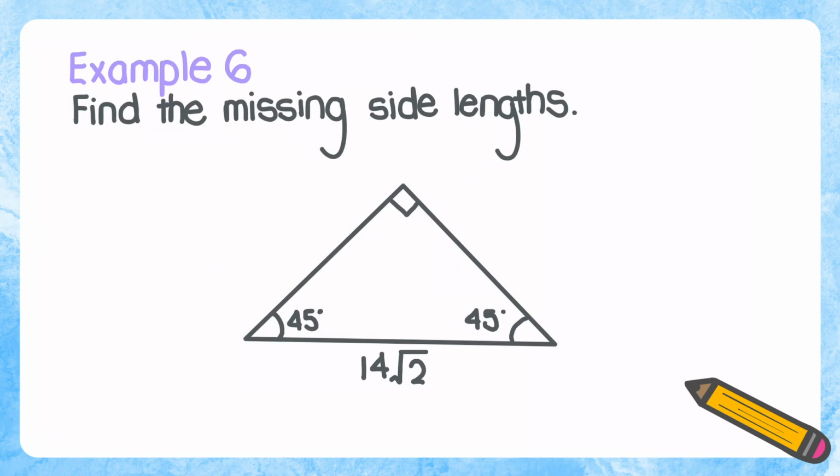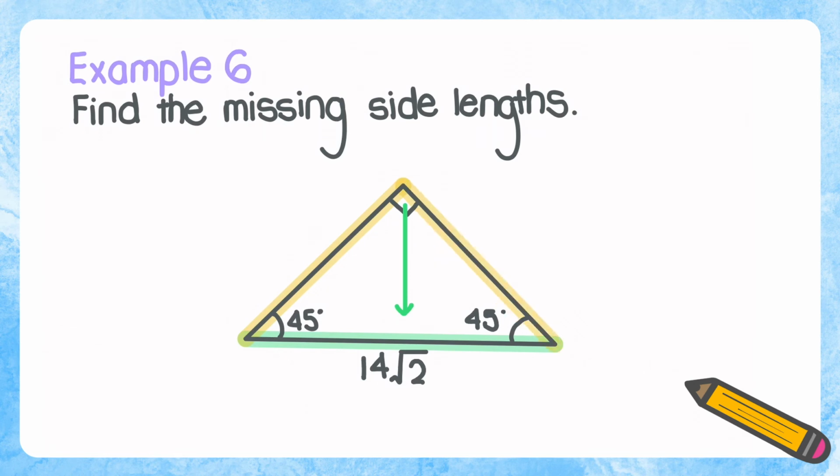Let's look at a similar example, just facing in a different direction. So we're going to find the missing side lengths here. We're given the hypotenuse length, which is 14 radical 2. Again, the hypotenuse is on the opposite side of the right angle. We have to find the missing leg lengths.